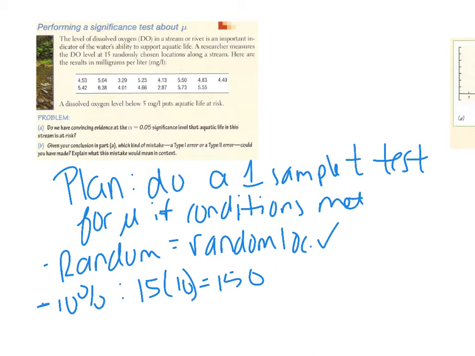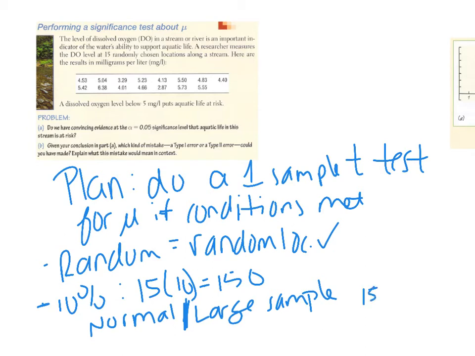And then because this is a mean, my last condition is my normal or large sample, not large counts, because large counts is for proportion. So my normal or large sample, I don't know the distribution of the population, and I only took 15 samples. So 15 is less than 30. So then I need to check my graphs.